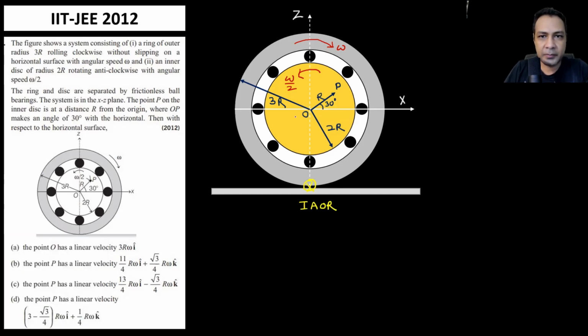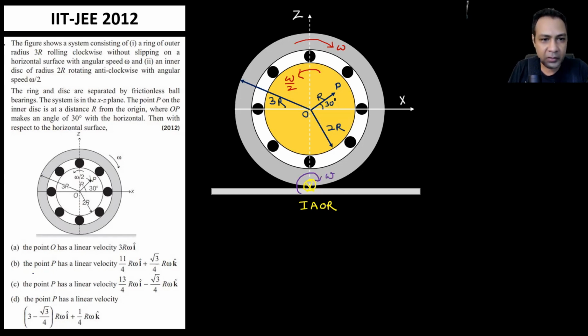The outer ring is rotating with angular velocity omega, because a rigid body has the same angular velocity about any axis. So about IAOR also, the angular velocity of the outer ring is omega, in the same sense and same magnitude.